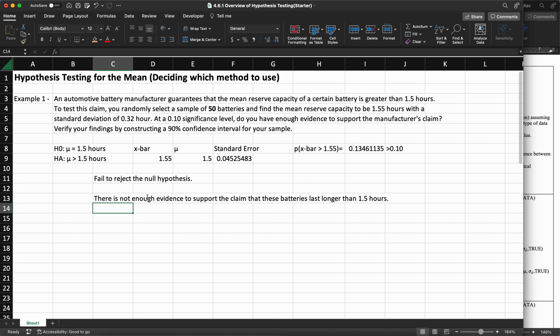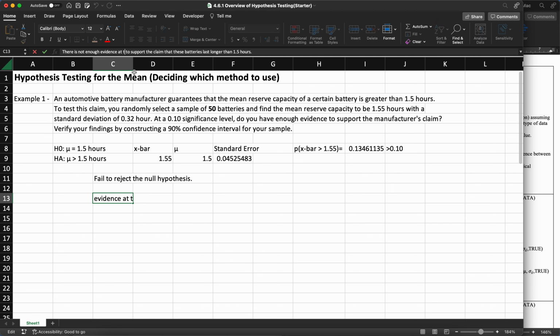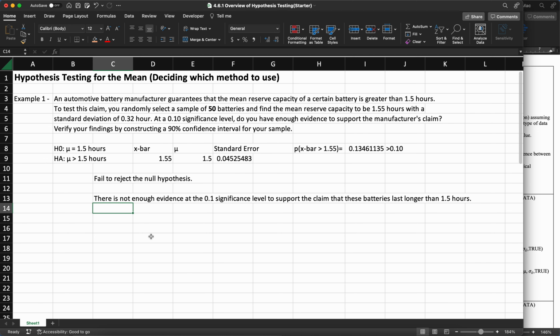There's just not enough evidence, and there's not enough evidence particularly at the 0.1 significance level. So if we had increased our significance level to 0.15, then this would be enough evidence. But it's unethical to pick your significance level after the fact, after you know what your p-value is.